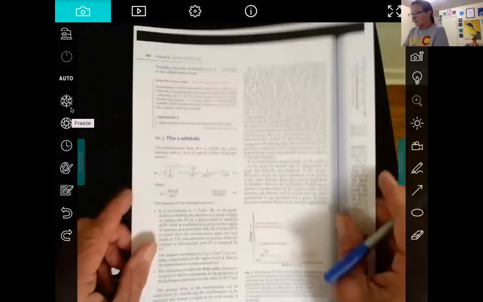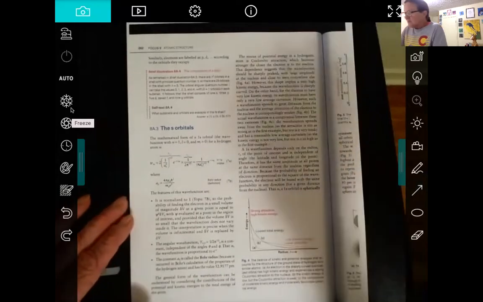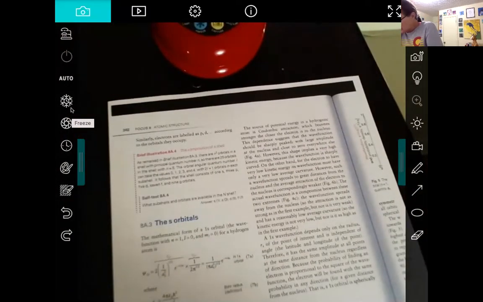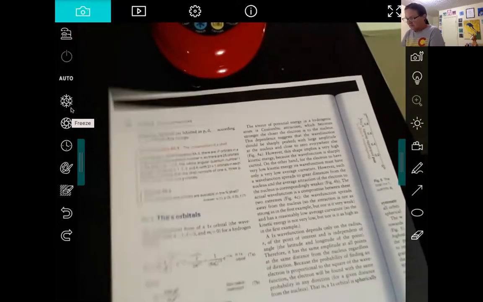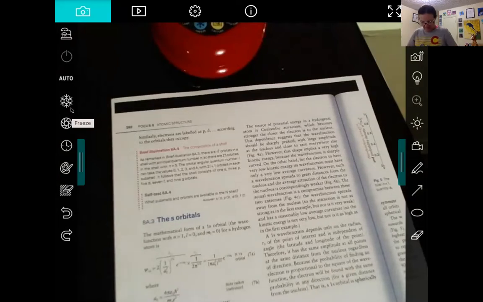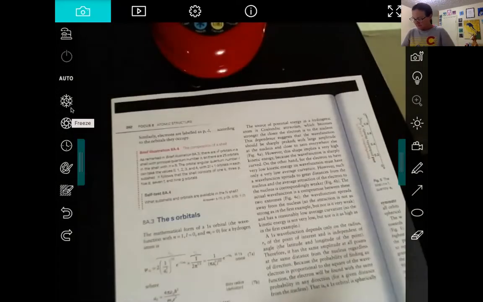So this self-test: what subshells and orbitals are available in the n shell? That's pretty easy. I don't think I even did that one. So if we go to the n shell, n equals 4. I remember writing this down.